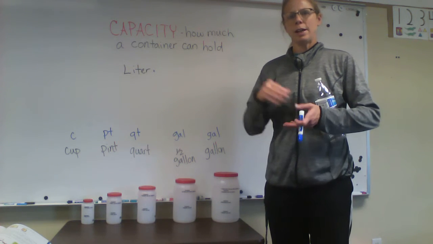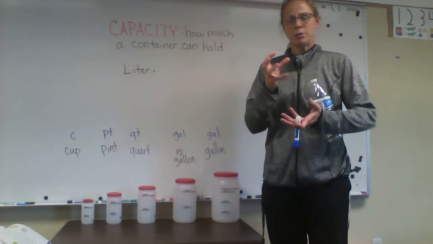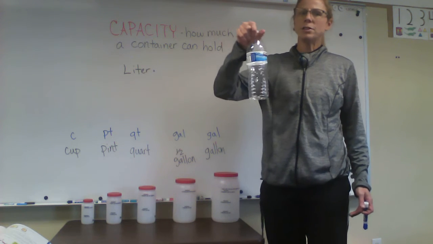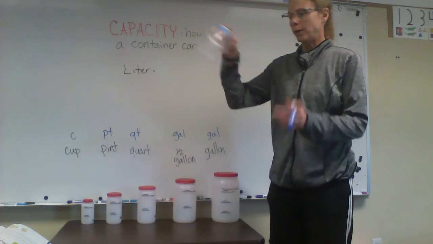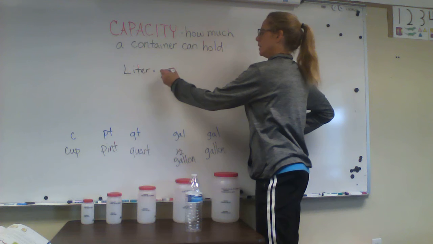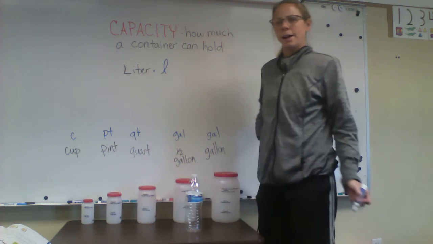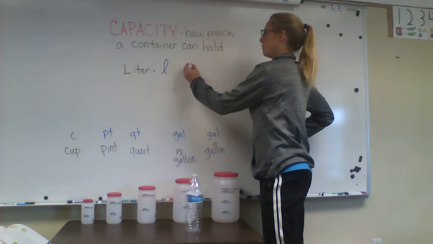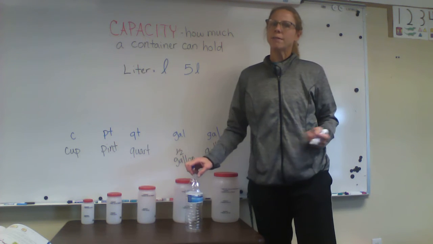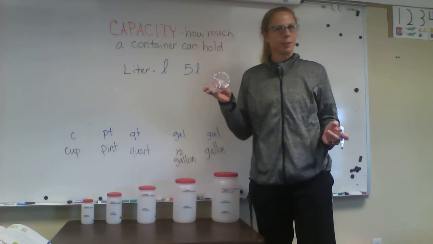Often you'll see in pop drinks, they'll sell those drinks in 2 liters, so double of this, all right? So for a liter, the abbreviation is a cursive L. So if you see a 5 with a cursive L, it means 5 liters of something.